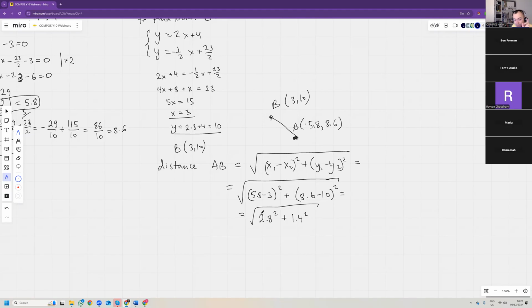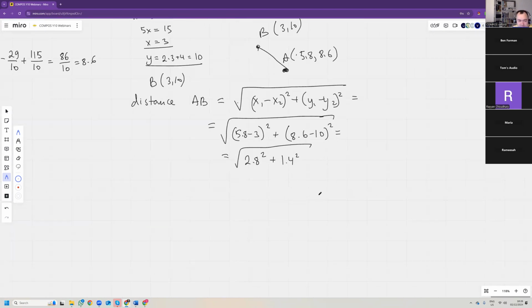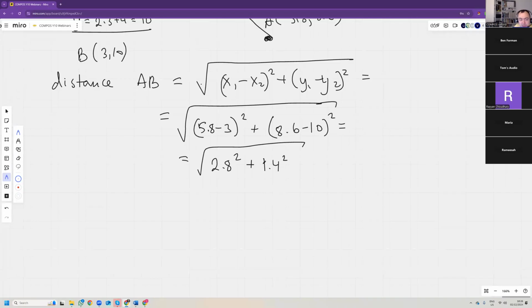The last thing I want is to find 2.8 squared. It's not nice, but I noticed that 2.8 is 1.4 times 2. So let's do this. It's 1.4 squared times 2 squared plus 1.4 squared.